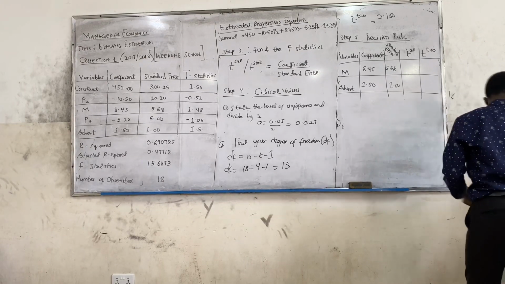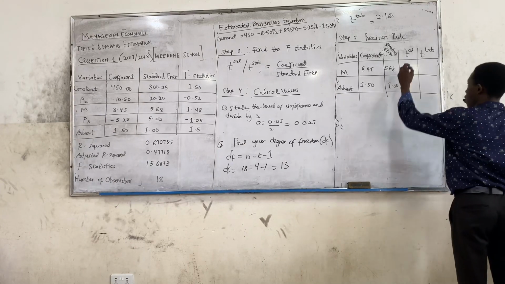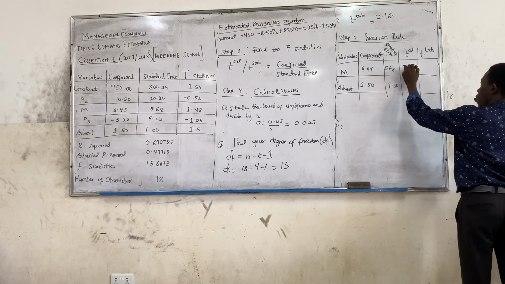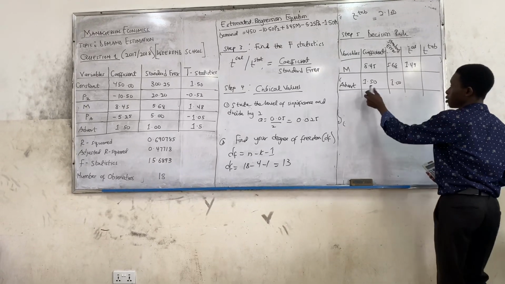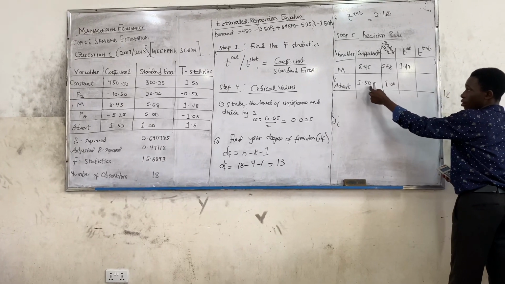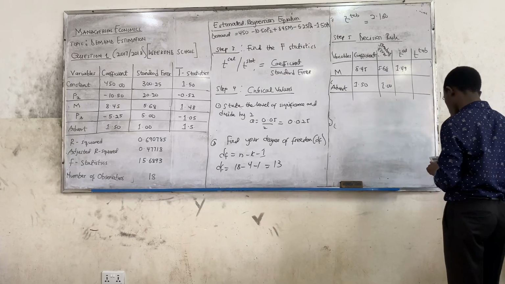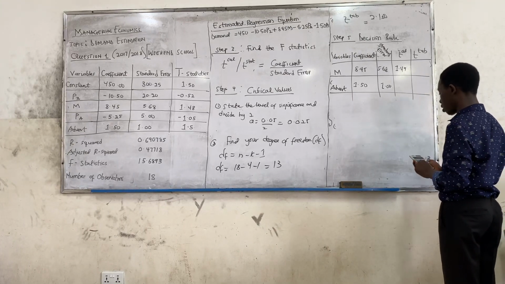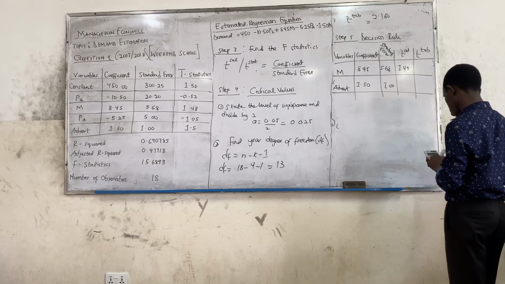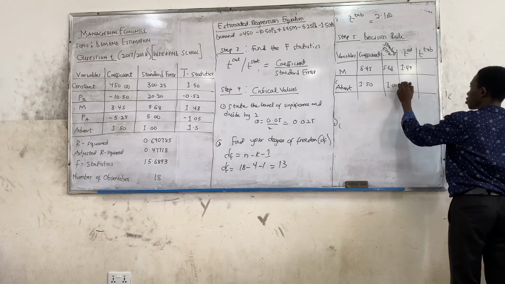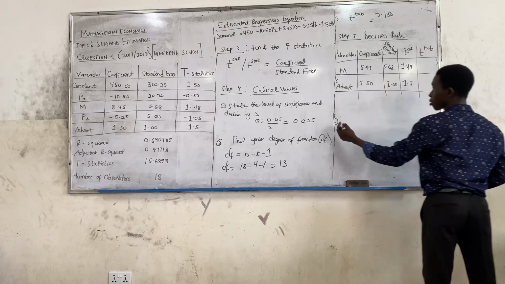You have 1.49. So now for advert, 1.50 divided by 1.0. That is 1.5.